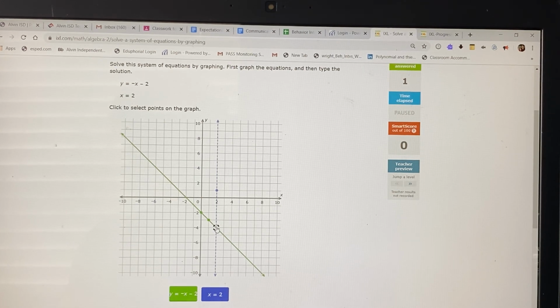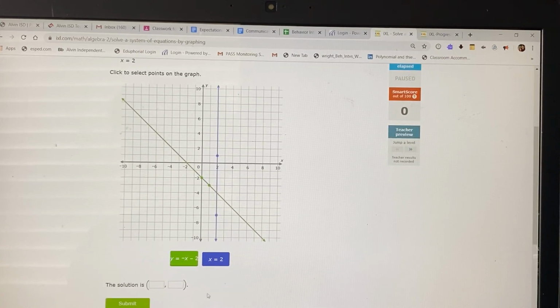So here's my x. It's going to be 2 and negative 4. So I'm going to come down here and type in where they intersected, 2, negative 4, because that is their solution.